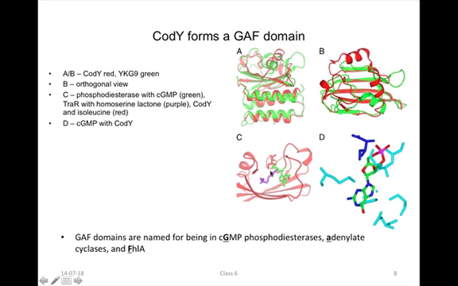Does that make sense? So they've aligned three different proteins, phosphodiesterase, TRA-R, and COD-Y, as well as their cognate effectors, whether it's cyclic GMP, lactone, or isoleucine. The phosphodiesterase must really nicely overlap with COD-Y, because you barely see any green.